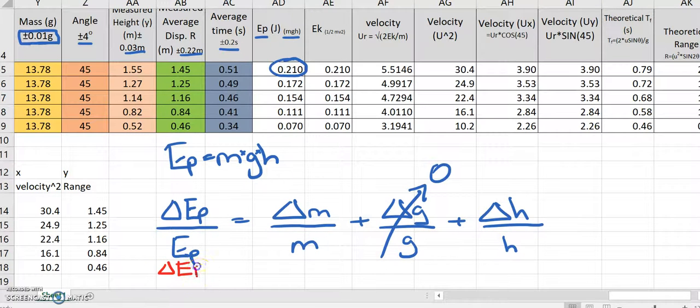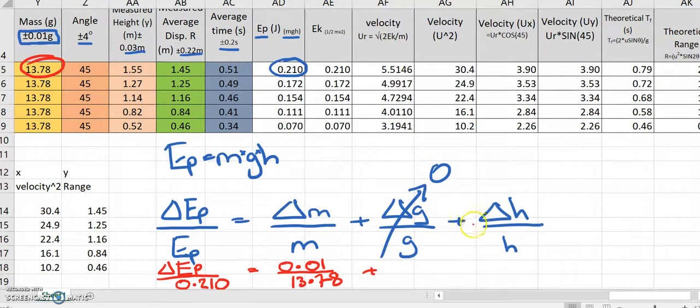The absolute uncertainty in the potential energy divided by my measurement, 0.210, is equal to the absolute uncertainty in the mass, which we estimated to be 0.01, divided by the measurement, which was 13.78 grams. That was the mass of the ball that we measured.